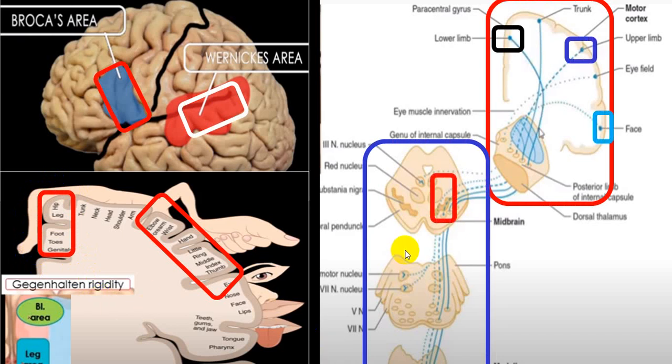You can see that face and neck are MCA territory. This will be lower limb, which will be ACA territory. And this particular junction is what we call a borderline area or watershed area. And chances of damage to this area are also quite common.